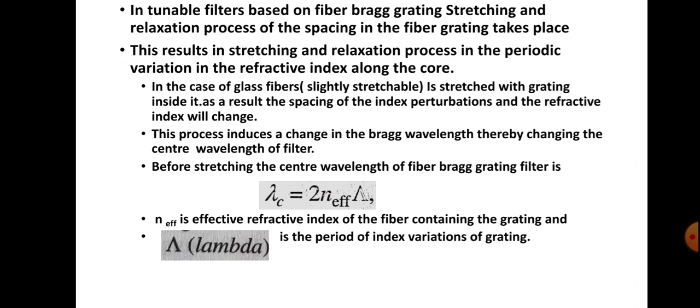This results in the stretching and relaxation process, in the periodic variations in the refractive index along the core. In a fiber Bragg grating, there will be variations in the refractive index of the fiber core.